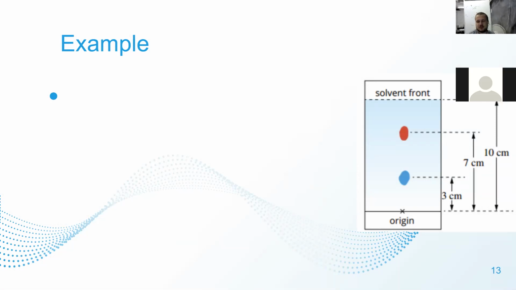For the first blue spot, what would the RF value be? It's the distance that the component has moved divided by the solvent front movement. 0.3 and 0.7. Very good.